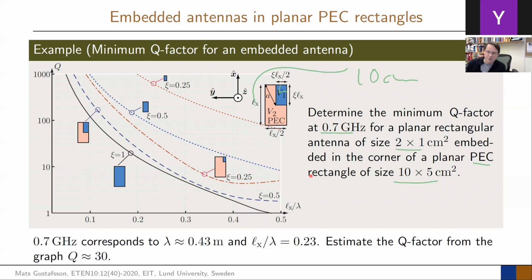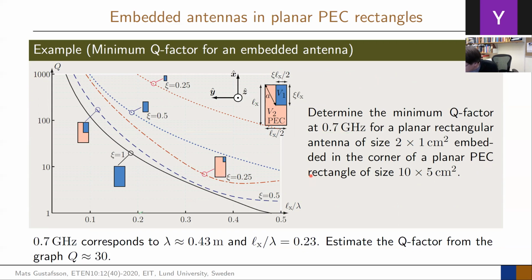And if we do that, we have to see what it corresponds to. So 700 megahertz, that is a wavelength of 0.43. And in this case, it's a length here that is 0.23, which means we sit here. And in that case, we basically have to jump up there. And I think we have to go around there. No, maybe I was wrong. I think we have to go to, I was wrong.